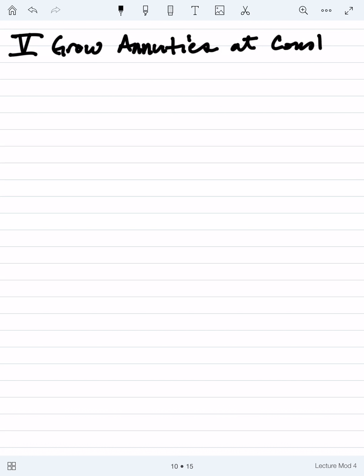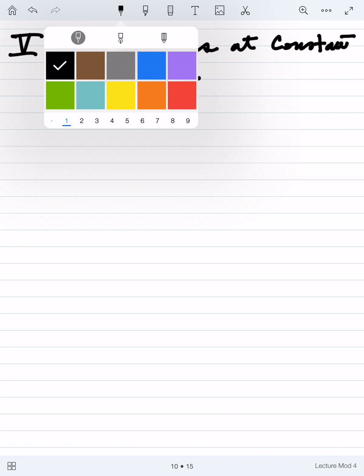All right. And what we're going to do now is consider the notion of growing annuities at a constant rate of G, that's our basic symbol for growth.